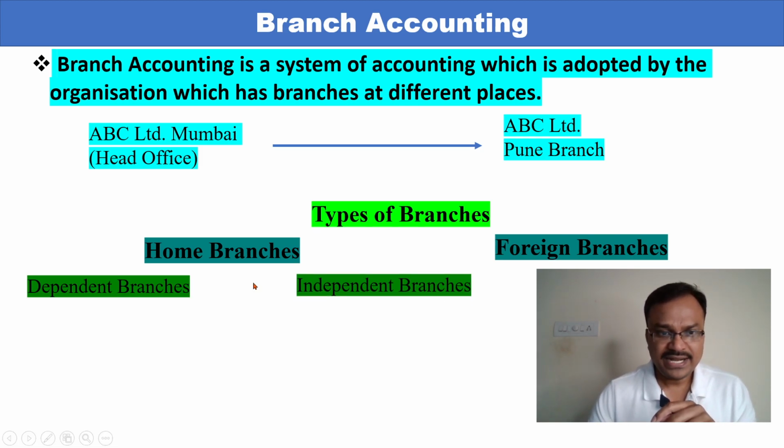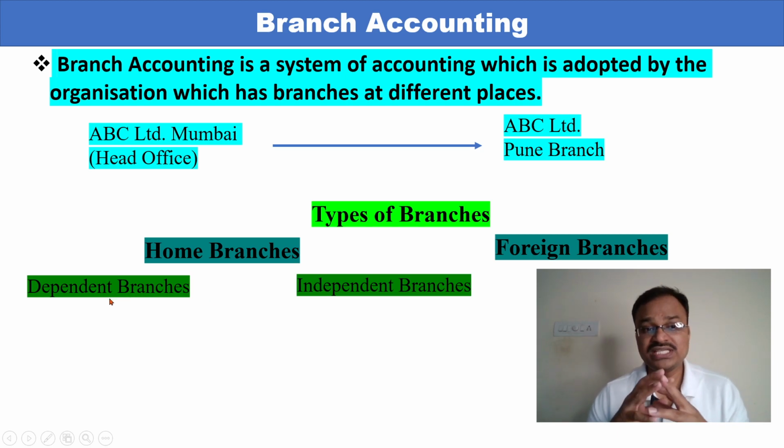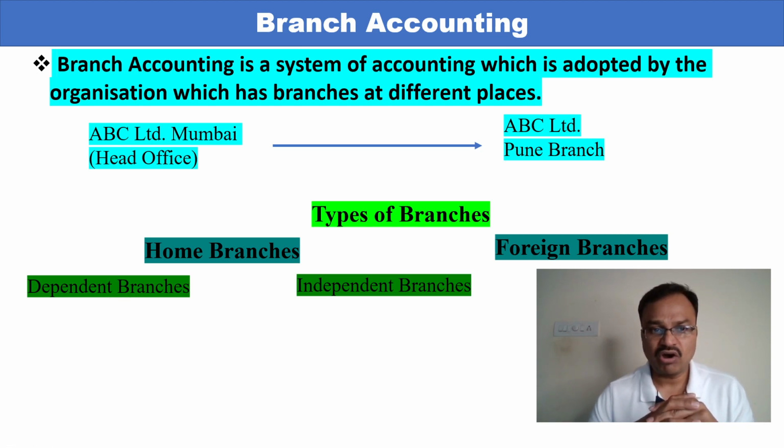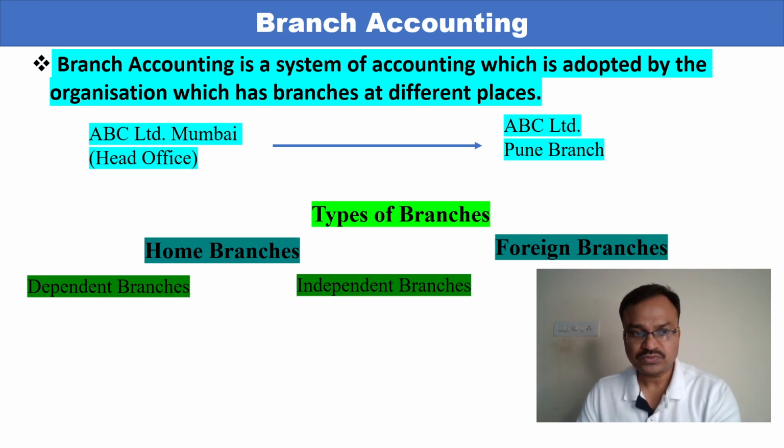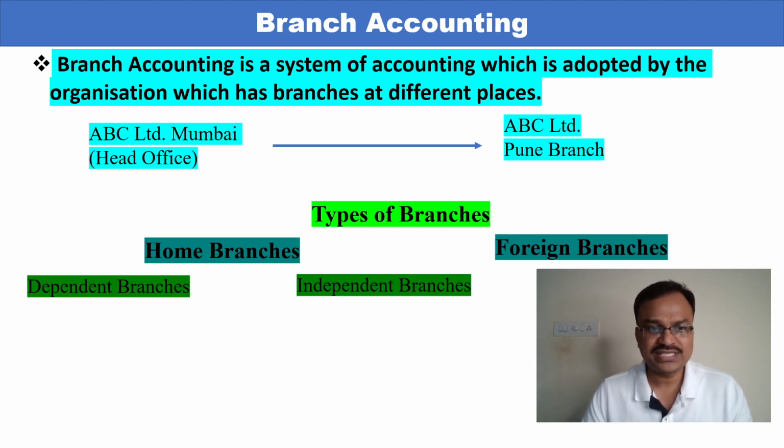See friends, dependent branches are those branches which are totally dependent on the head office for goods and for expenses. It means dependent branches are not allowed to make their purchases from the open market. They have to take goods from the head office, and only those goods can be sold at the branches.